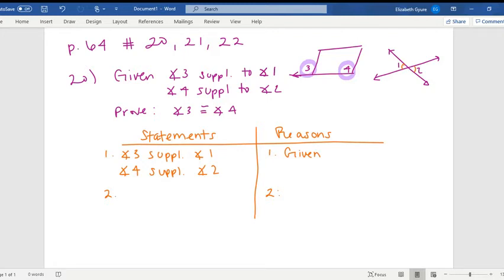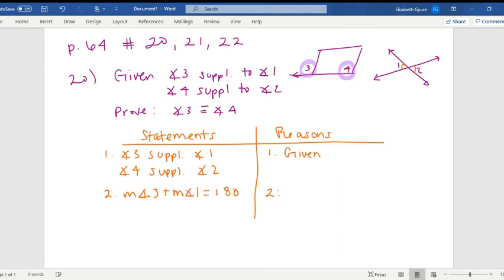All right, so context clues, guys. If I give you supplementary angles, what can you say about them? And how would I show that in a proof? We would turn it into an equation. So the measure of angle 3 plus the measure of angle 1 would equal 180.